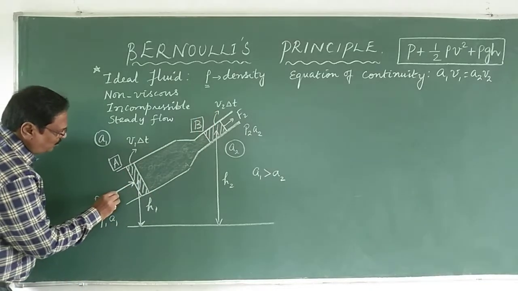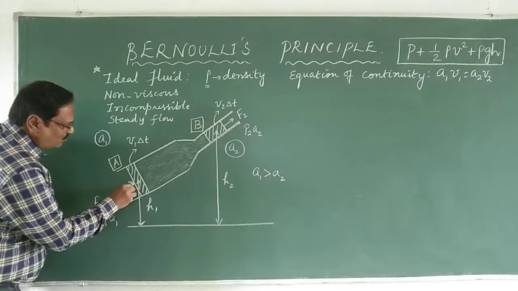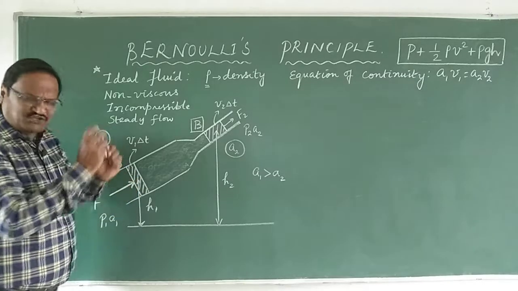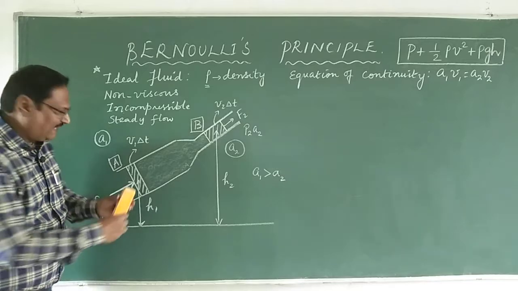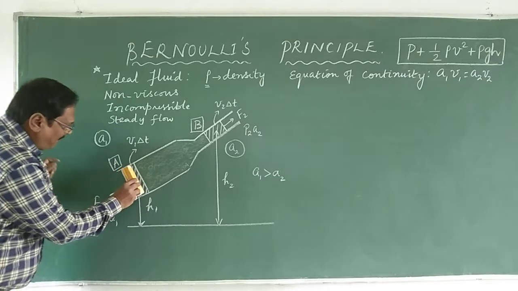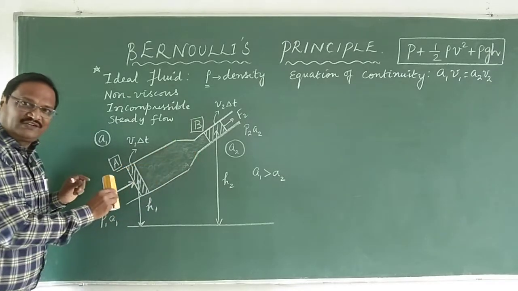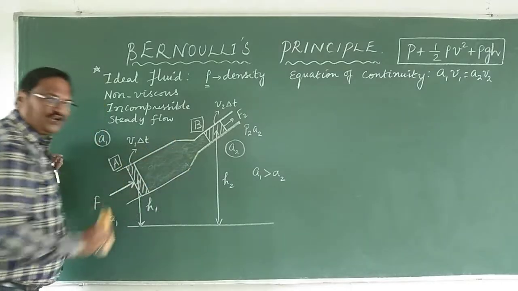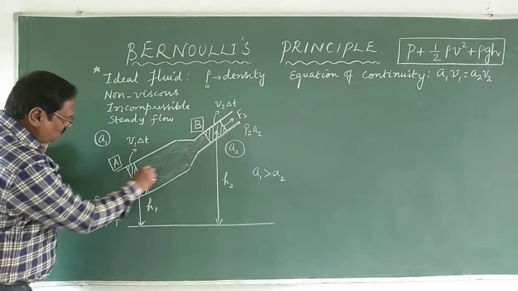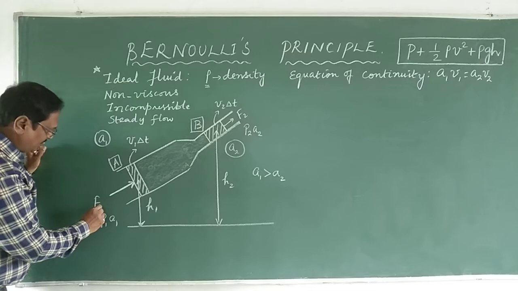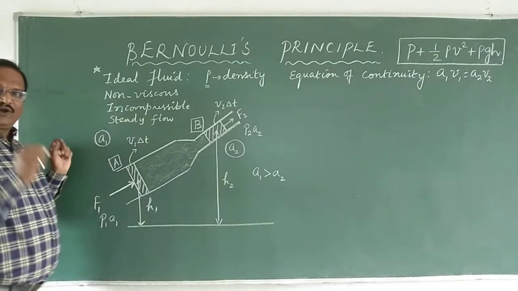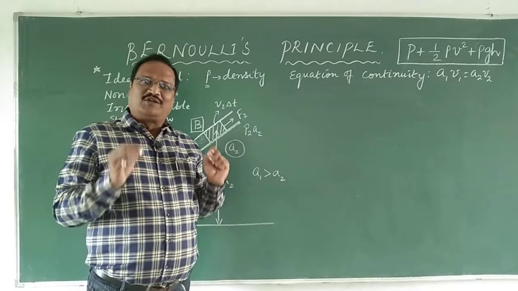So what should I do? I have to apply a force. Imagine I have a block like that, and I am applying a force on the liquid, and that liquid is going to flow. When it is flowing, I apply a force here, F1. Now what is force in terms of pressure?